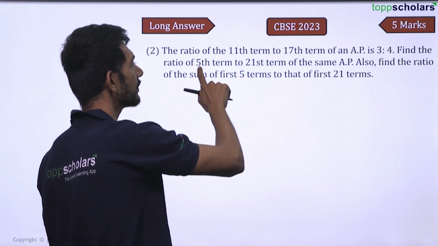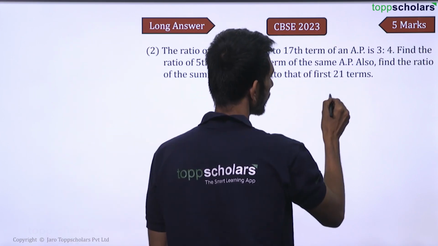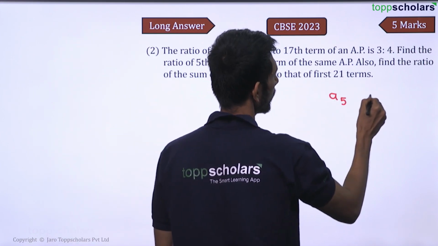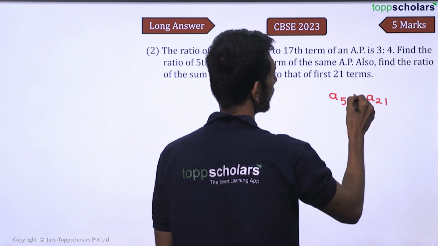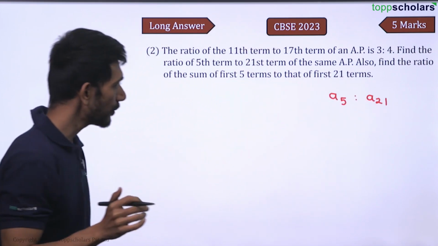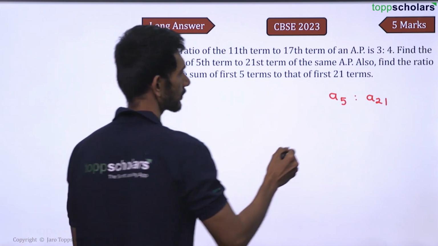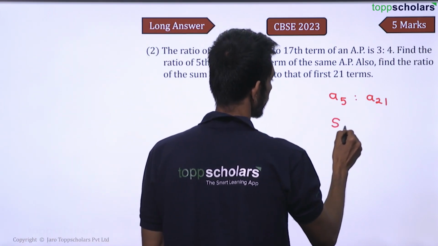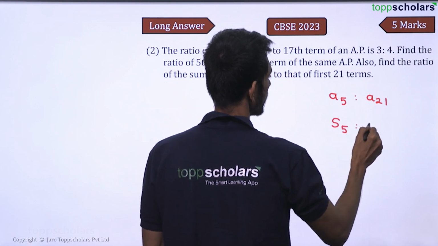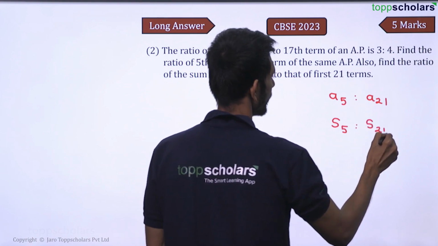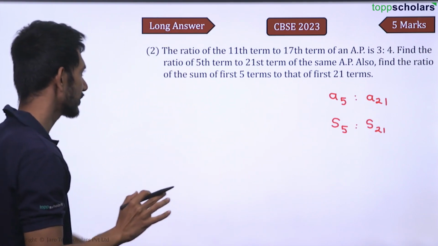Find the ratio of A5 to A21, and also the ratio of S5 to S21. These are the 2 questions here.